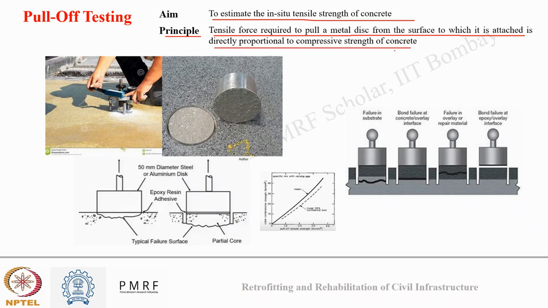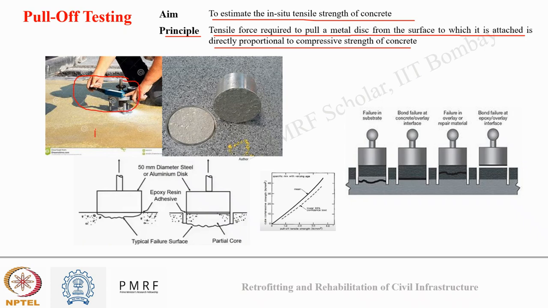In this test, a metal disc is directly attached on the surface of concrete with the help of an epoxy adhesive, and then this attached disc is pulled out by applying a force. The force at which the contact breaks is recorded as the pull off force. In the image, you can see this device which is used to pull out a metal disc.